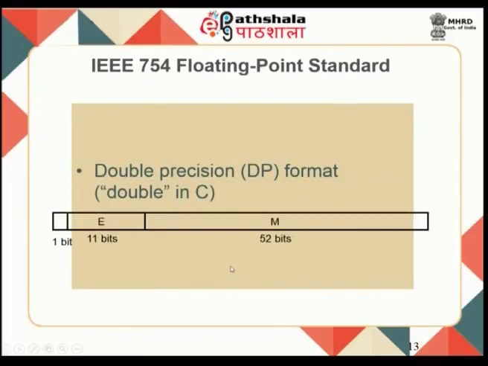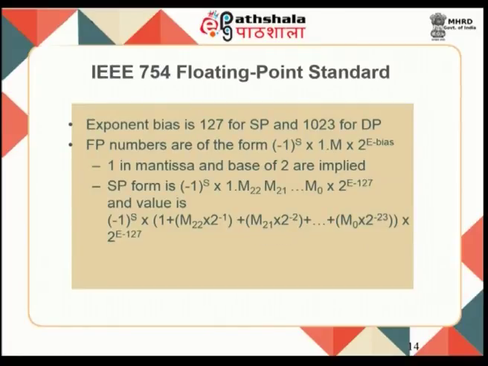Similarly, when you go in for the double precision floating point representation, you have a 64-bit representation, again 1 bit for the sign bit indicating whether the number itself is positive or negative, 11 bits which give you the biased exponent, and 52 bits which give you the mantissa in the normalized form with an implied 1. So, the exponent bias is 127 for single precision floating point numbers, and for double precision floating point numbers it is 1023.